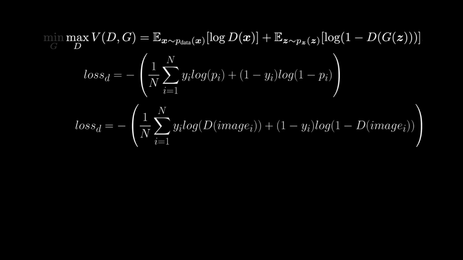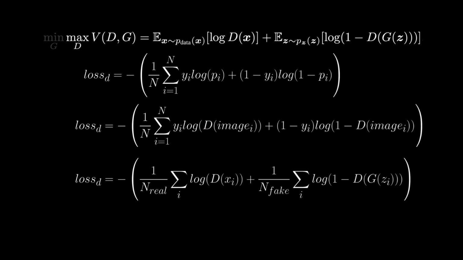Now, since the label y_i would be 1 for real images, for real images only the first term will remain and the second will vanish, because 1 minus y_i will be 0. And similarly for fake images, only the second term would remain as y_i will be 0. So we can express this as this, where x_i is an instance of a real image and z_i is a random noise sample.